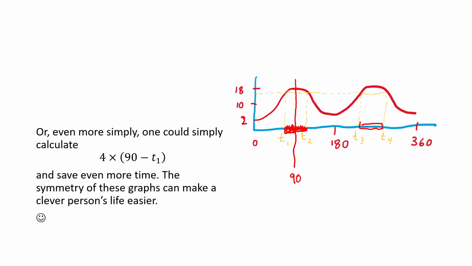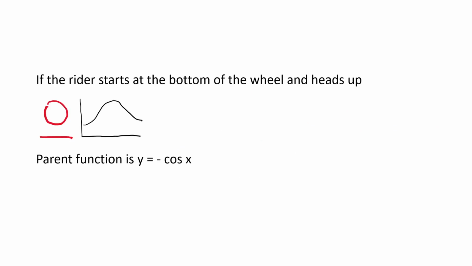So in other words, we could just figure out this horizontal distance right here, the one I'm pointing to, and multiply it by 4. That would also be a valid way of looking at it. And like I said earlier, there are different ways of looking at it when symmetry is involved.